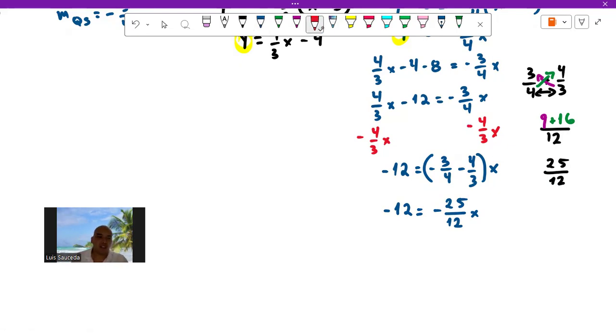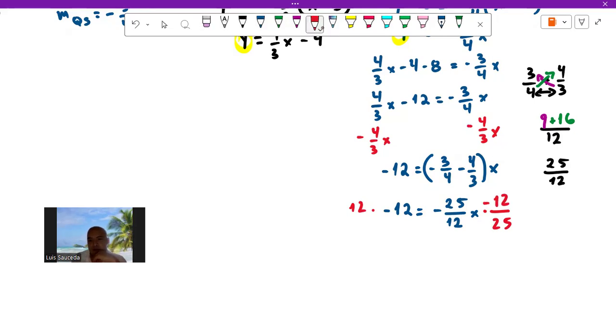So now, following the order of operations, that division by 12, you can get rid of it by multiplying it on both sides. And then that 25, which is a negative 25, or if you want to do negative 12, that's fine. You're going to divide by the 25 and just make the whole thing negative.